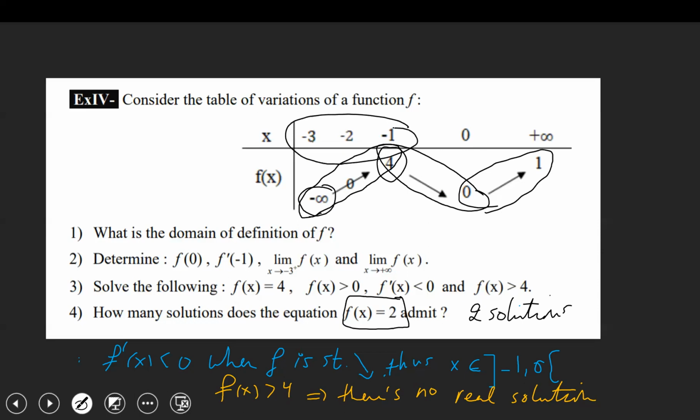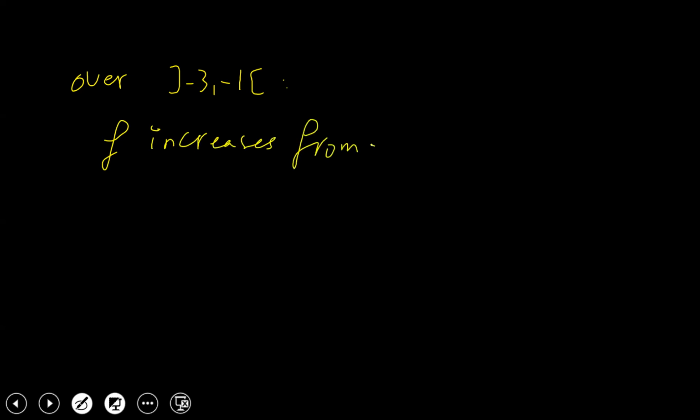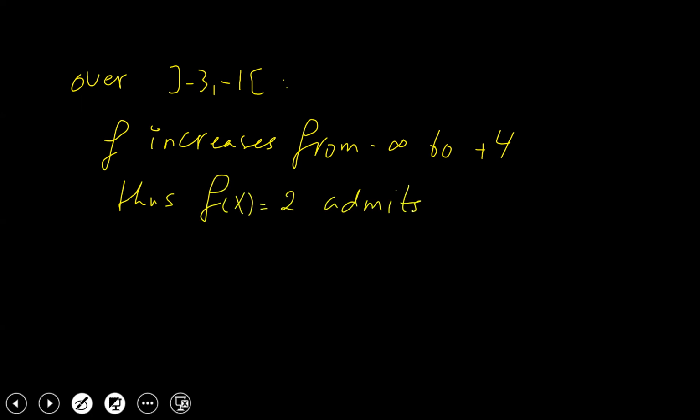Or if you want to talk about the interval, over this interval and over this interval, I say it like this: over the interval (-3, -1), f increases from -infinity to 4, thus it passes through 2, so f of x equal to 2 admits one solution.